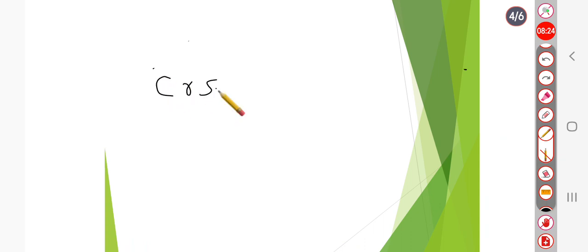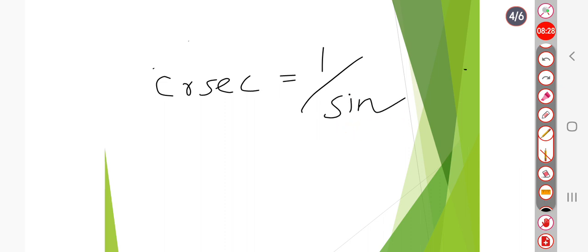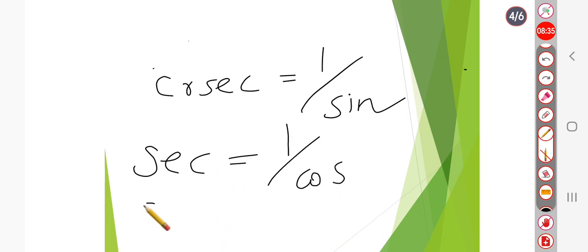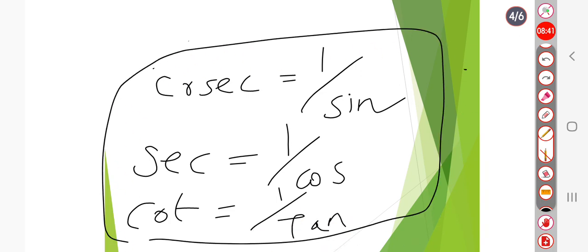Cosecant is nothing but 1 by sine. Just remember this. Secant is nothing but 1 by cos. Cot is nothing but 1 by tan. These three things you need to remember, which is very important, which not only helps us to find the values of trigonometric identities, but also helps us to solve the complex problems that are present in trigonometry, right? So this is very important.